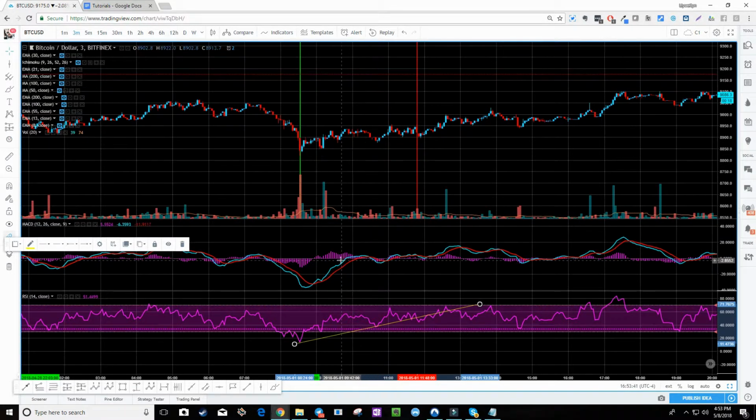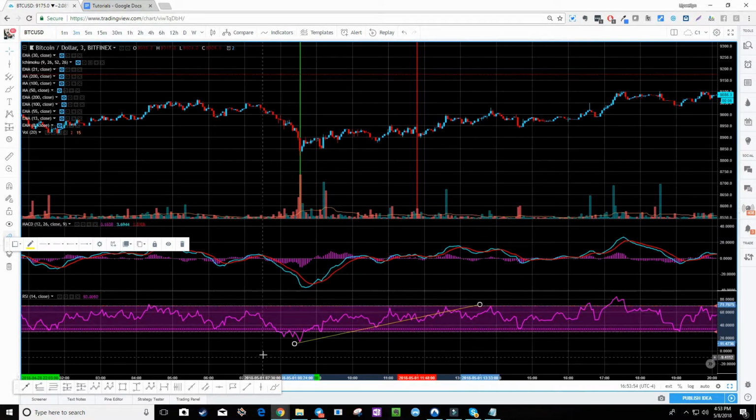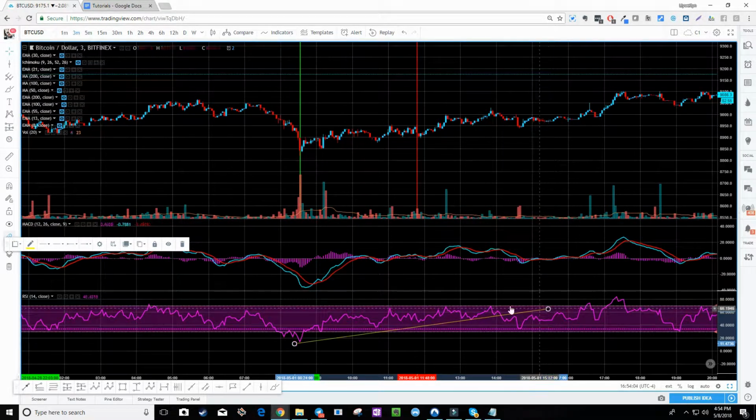But the other signal to close the trade is when RSI moves into the overbought or the opposite overextended region. So we bought when it was oversold, and if it moves into overbought, we could potentially do something like that where it moves up into, finally it closes.